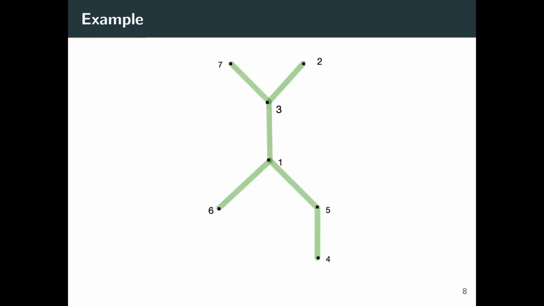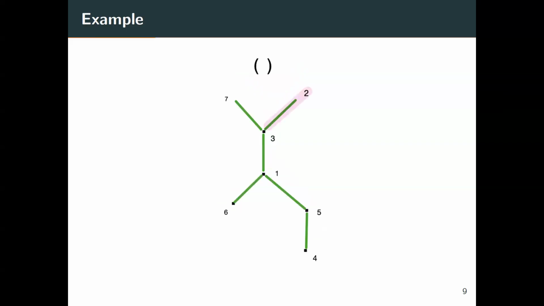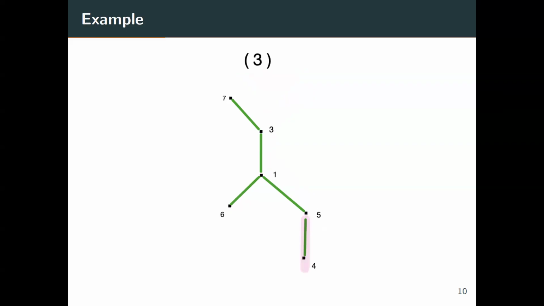So let's try an example. We have this tree, so we look for the leaf that has the smallest integer, and we append to the sequence, which right now is empty, its only neighbor, that is the 3. Then we delete that edge, and we look for the next leaf that has the smallest label, and we append its neighbor, so it's 5.